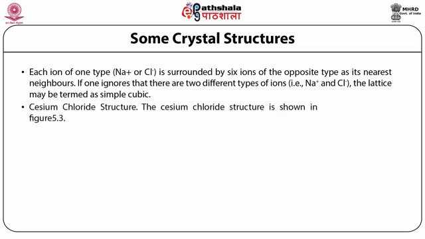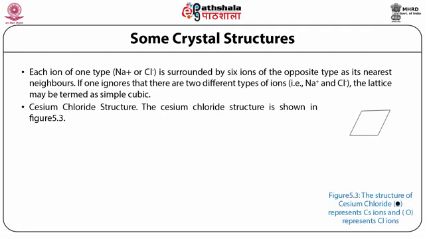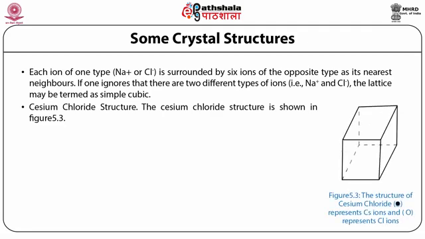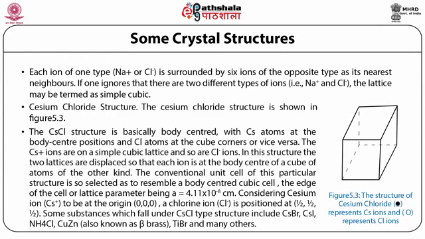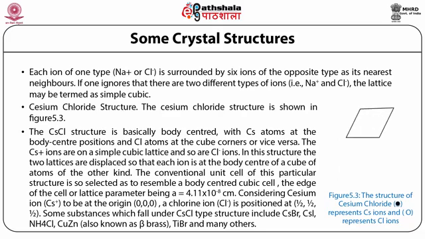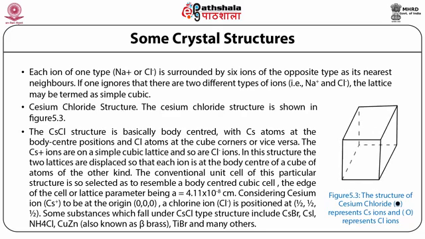Cesium chloride structure. The cesium chloride structure is shown in figure 5.3. The solid circles represent Cs ions and the hollow circles represent Cl ions. The CsCl structure is basically body-centered, with Cs atoms at the body center positions and Cl atoms at the cube corners or vice versa.